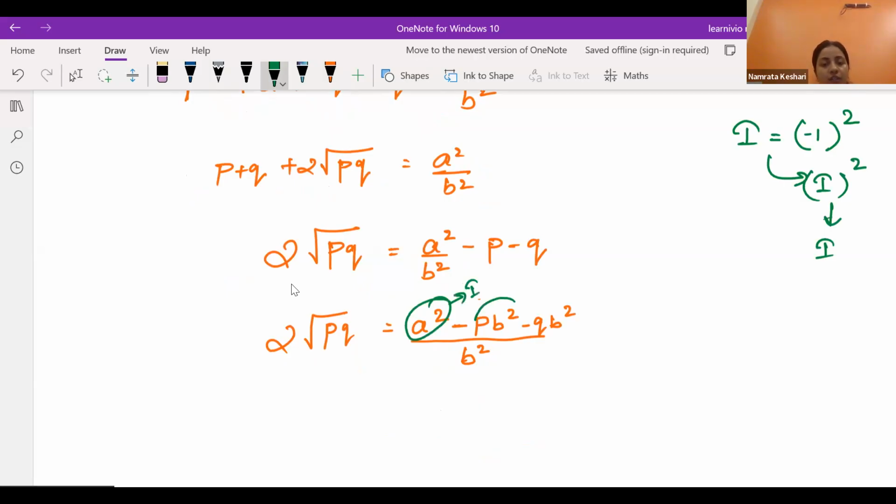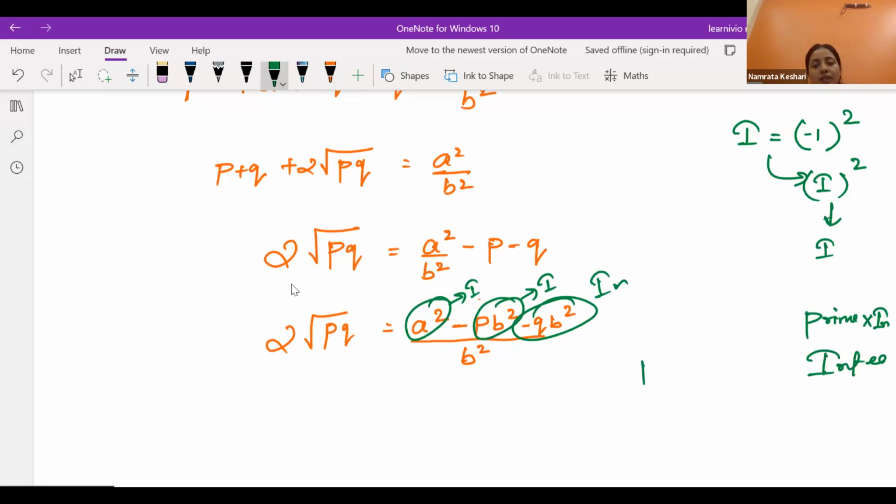This is also an integer because p is just a prime number, and if you multiply a prime number with any integer, b square is just an integer, so the result is still an integer. And this one is also an integer. So in the numerator, you have integer minus integer minus integer. Whenever you do this type of simplification, you will not get any decimal number. Integer minus integer is integer only. Integer plus integer is integer only. Getting it?